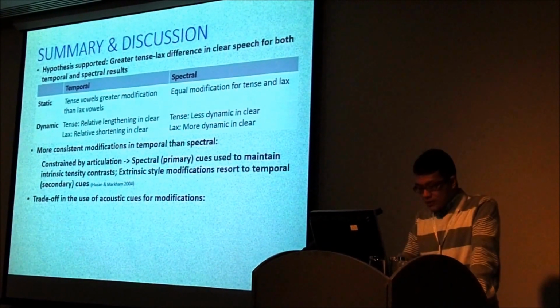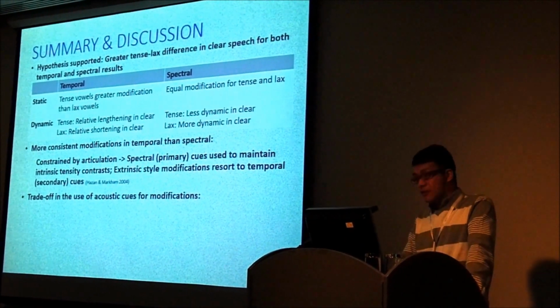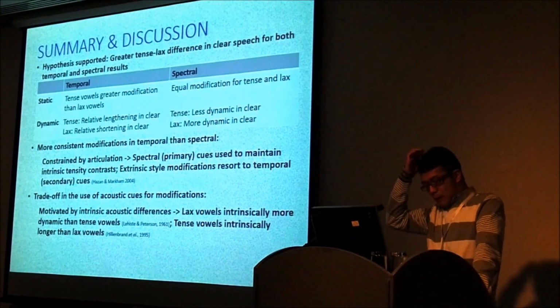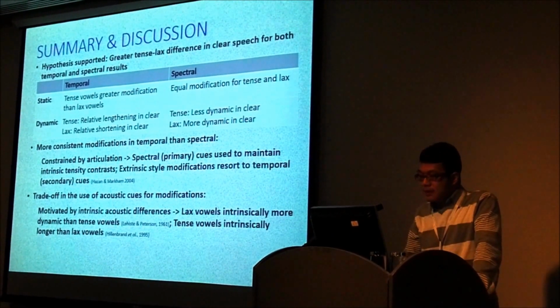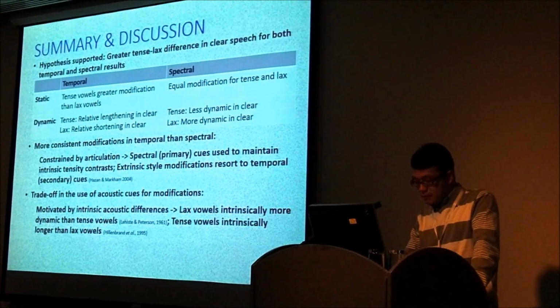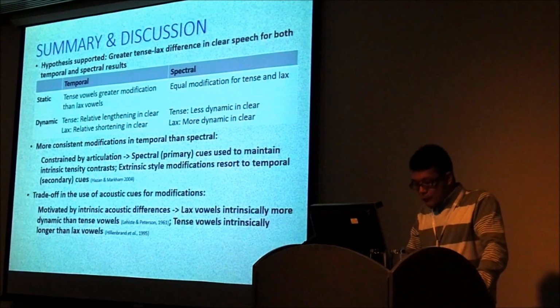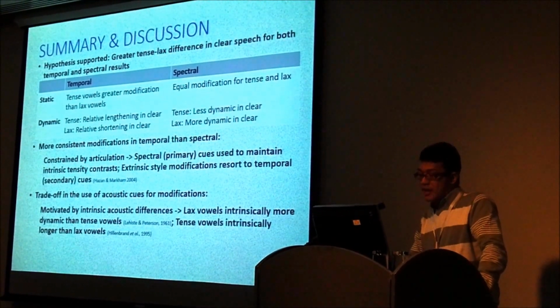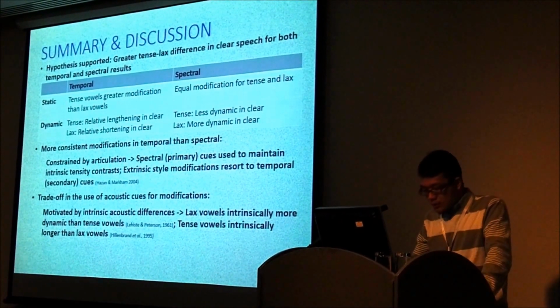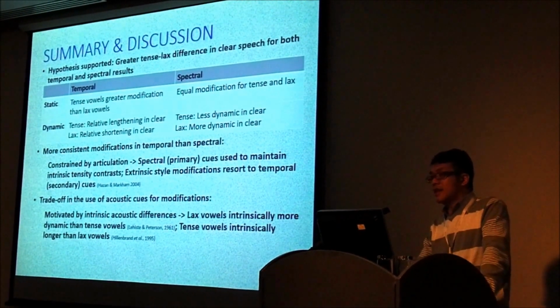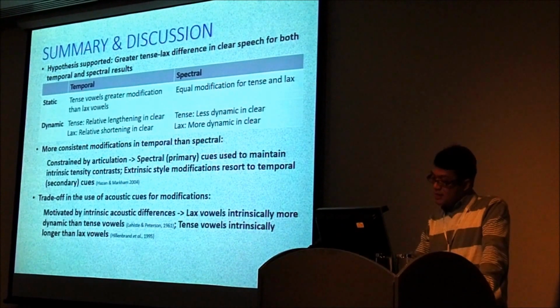Also, there was a trade-off in the use of acoustic cues for modifications. And we think that this was motivated by the intrinsic acoustic differences between vowel categories. For instance, lax vowels are intrinsically more dynamic than tense vowels. So it was lax vowels which became even more dynamic in clear speech instead of tense vowels.